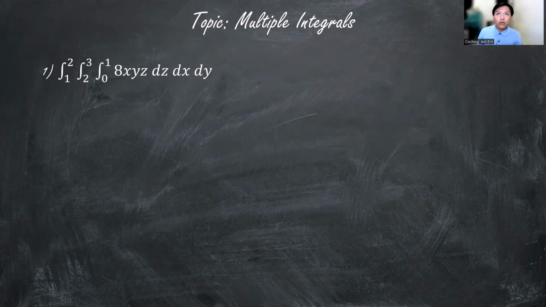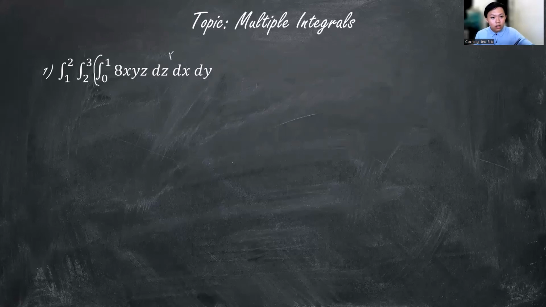In order to easily understand this, we can simplify this all together by using parentheses. This is what you first need to solve. Then after that, the answer you get, you need to integrate it again.